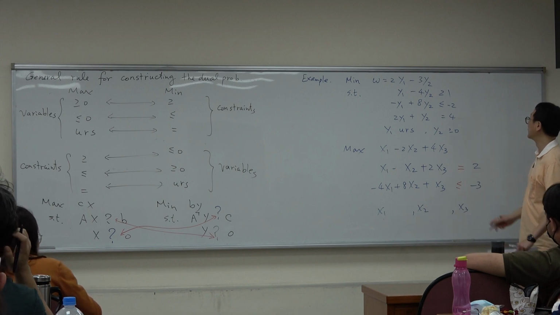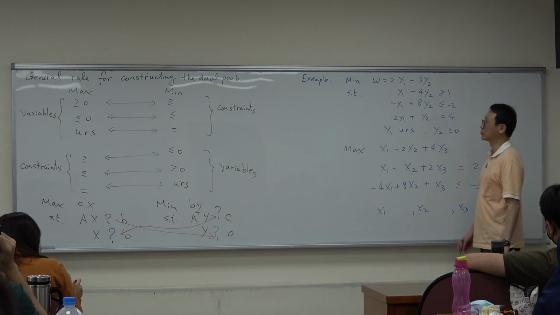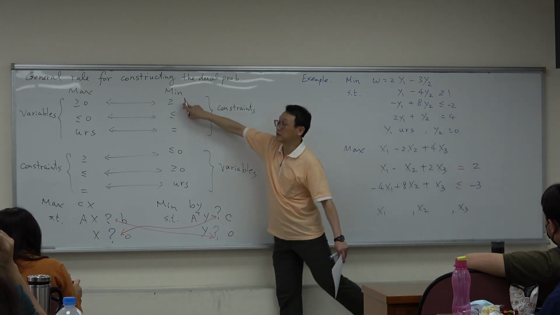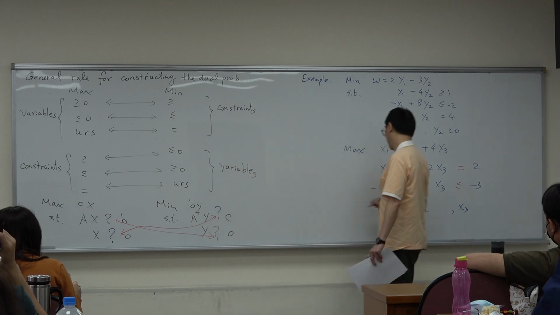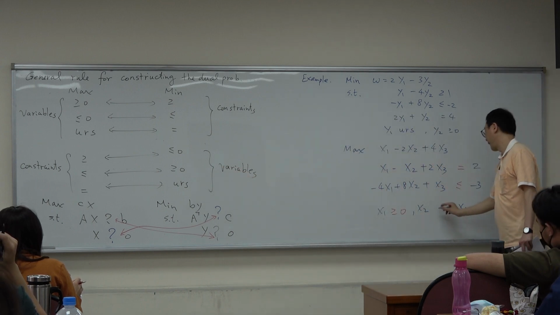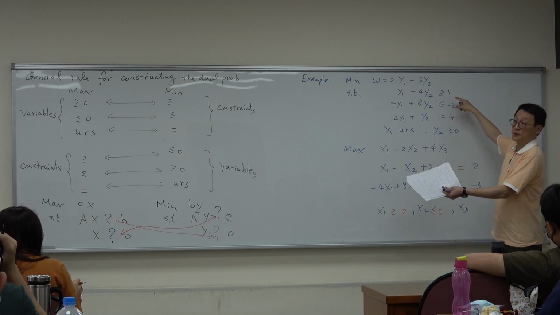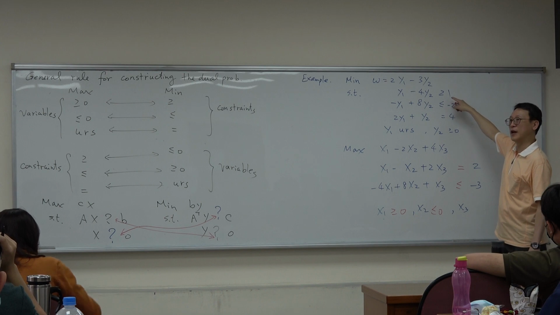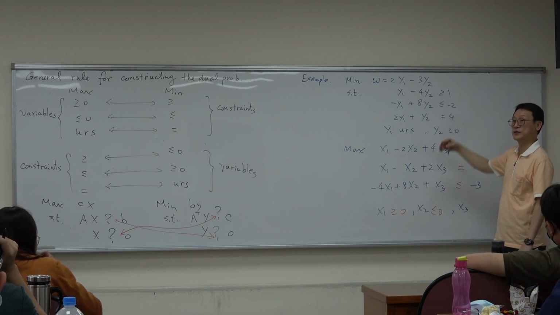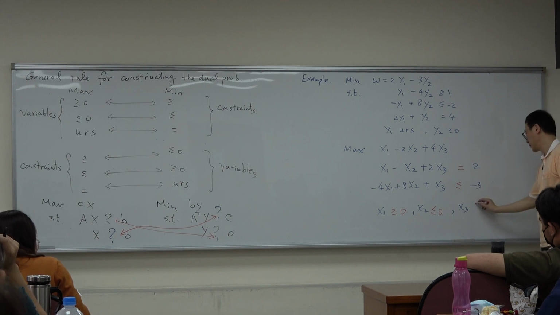So how about x1? Greater than or equal to 0, because of the first sign here, right? How about x2? Less than or equal to 0. You don't have to check that, because I previously said when they have opposite signs, then you know it's the opposite relation. How about x3? Unrestricted.